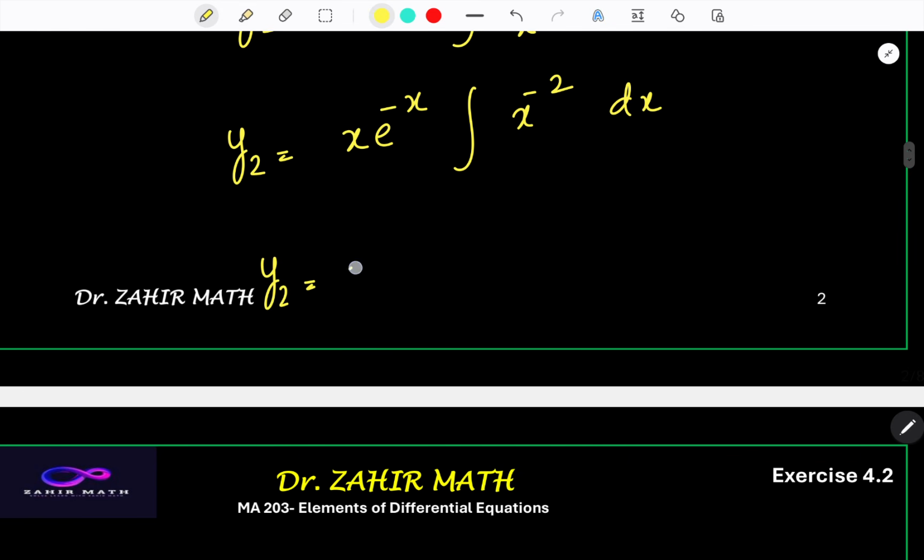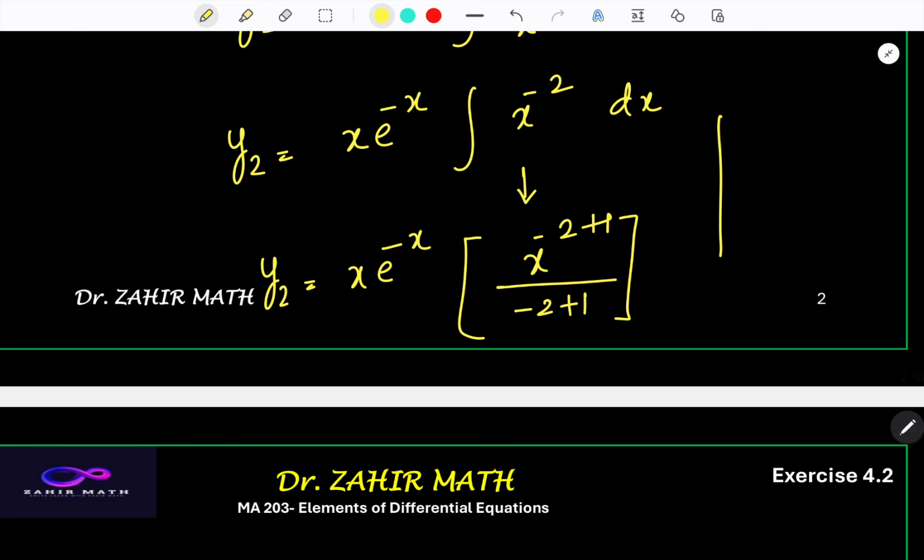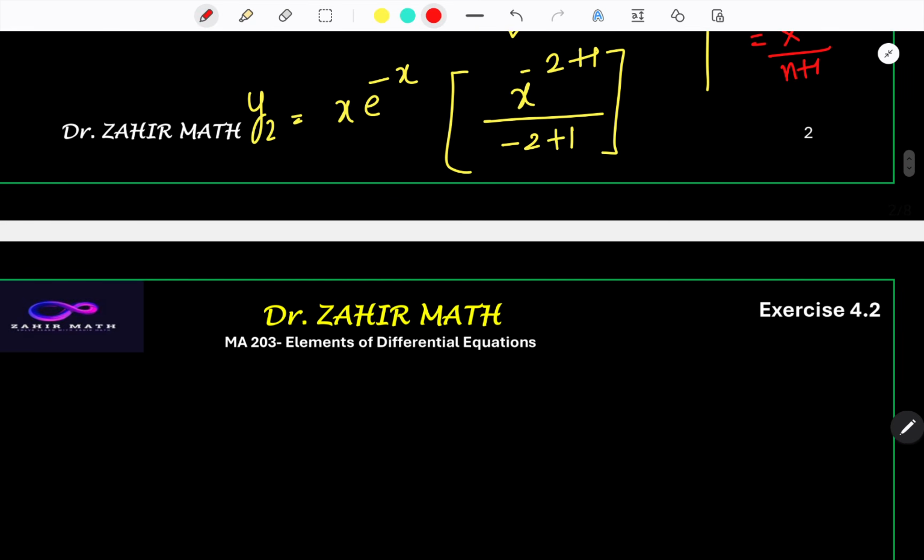So y2 equals x e power minus x, integration of this is x to the power of minus 2 plus 1 divided by minus 2 plus 1. Because the formula for integral x power n dx is x power n plus 1 over n plus 1. Plus c is there, but forget it, no problem.